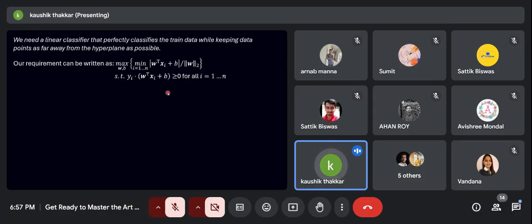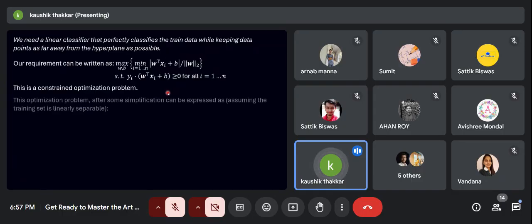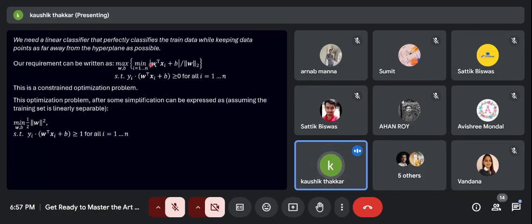Again, solving this is not a very simple vanilla thing. It's a bit more complicated, and for the sake of time we cannot go into the details. But anyway, this is a constrained optimization problem. By some rewriting and mathematical manipulation, this objective function can be expressed as this one, as you can see here.